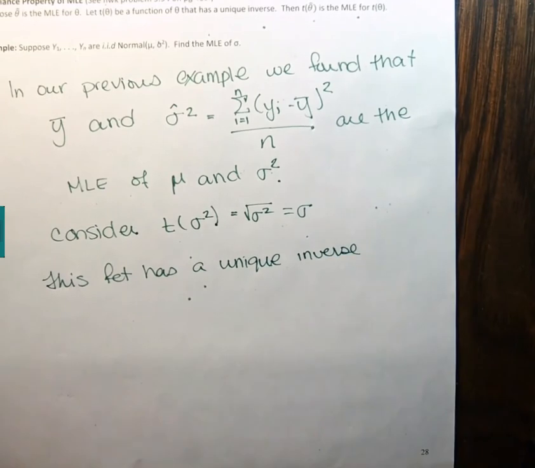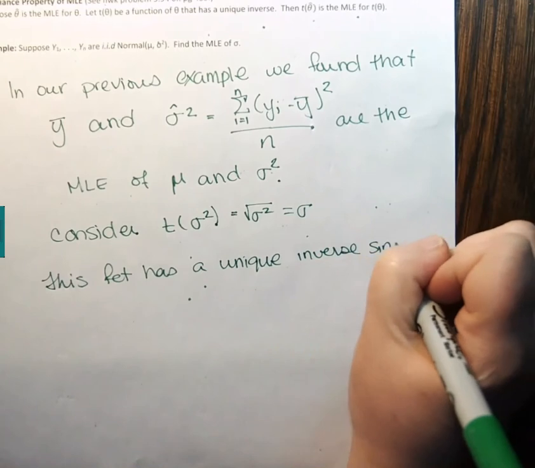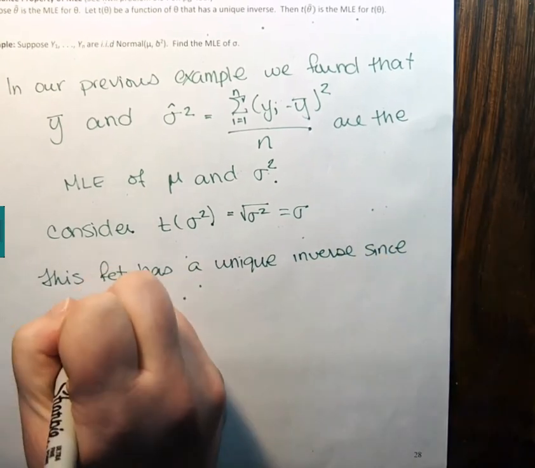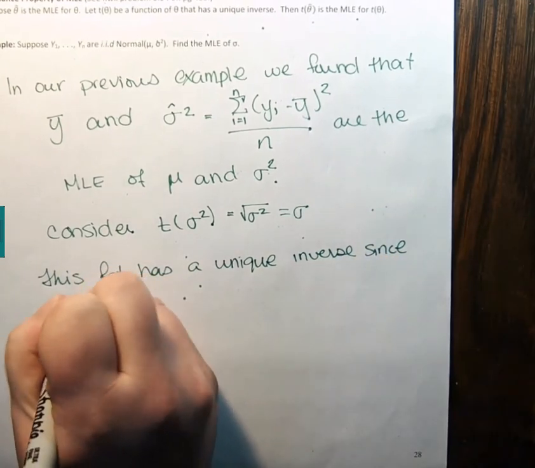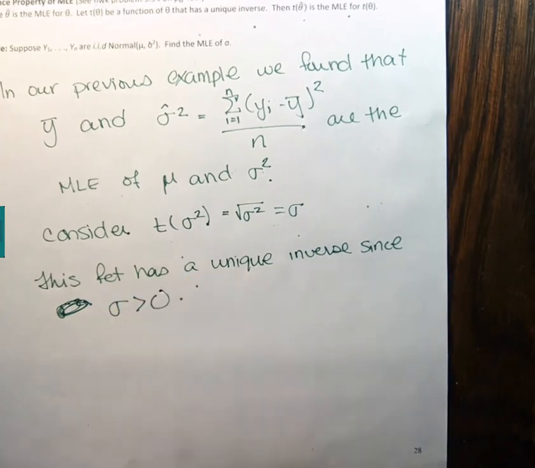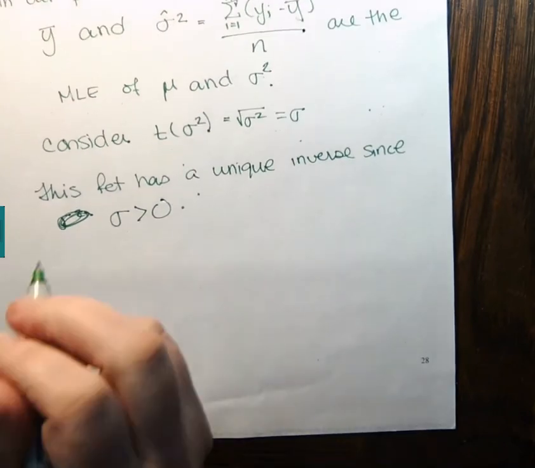Now, usually the square root doesn't have a unique inverse, but it does in this case, since sigma is strictly greater than 0. We know the standard deviation is always greater than or equal to 0.